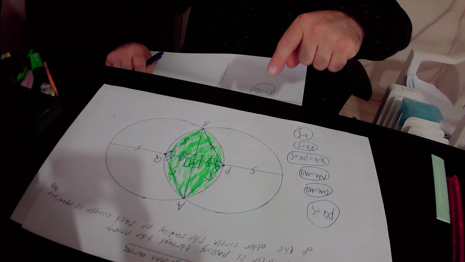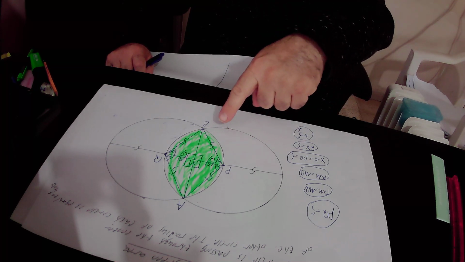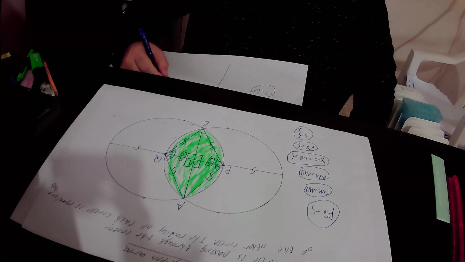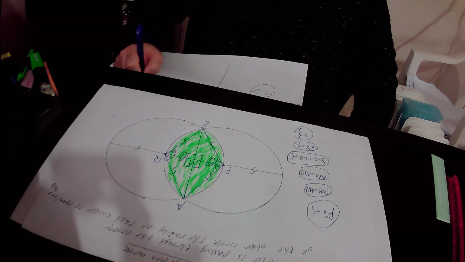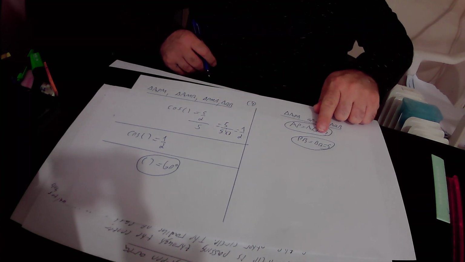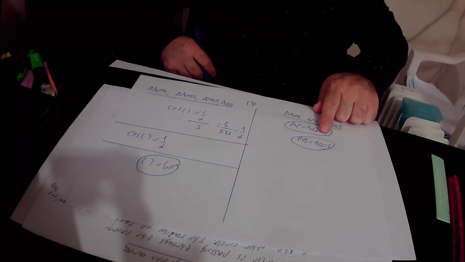And also PB equals BQ, and they're also equal to 5 units. PB equals BQ, and they're both equal to 5 units.